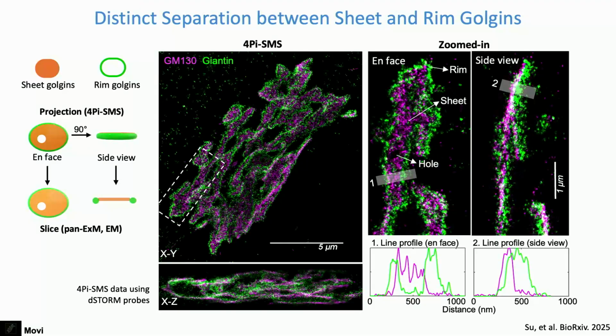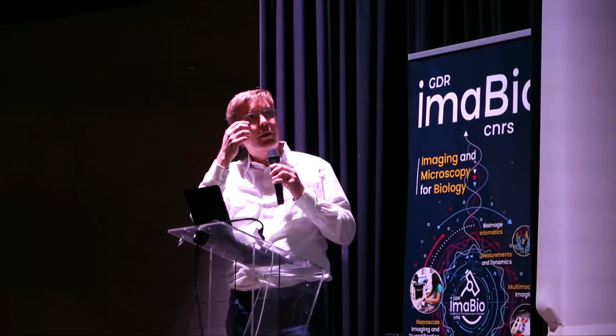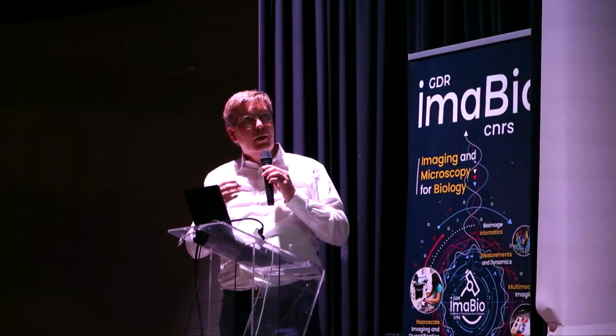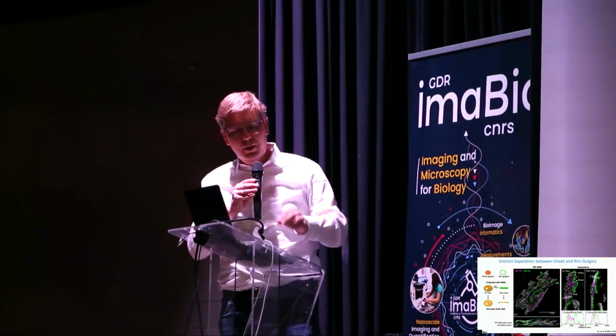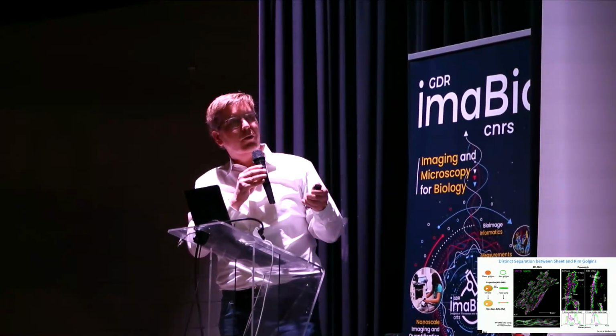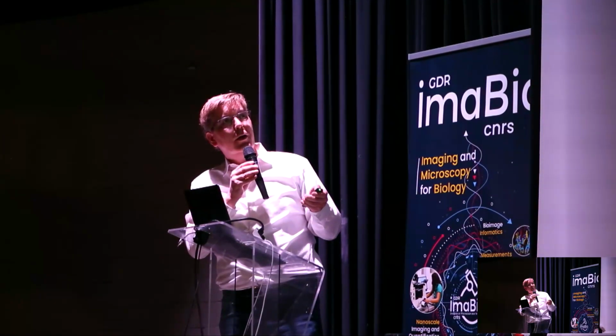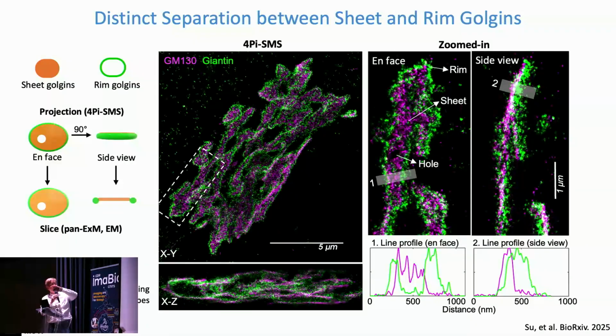So here's a typical data set that Maohan acquired. And this shows how the Golgi looks in a typical cell, for example, a HeLa cell. You see here two different Golgins. This is GM130, a sheet Golgin, which is on the cis side of the Golgi stack. And then giantin, which forms a ring on the rim of the Golgi cisterna.